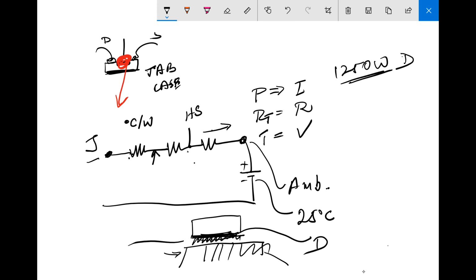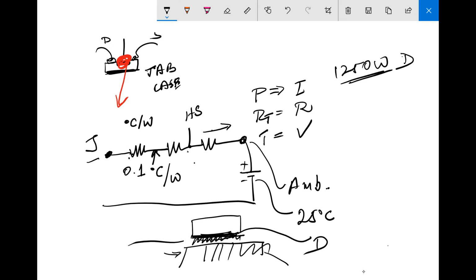Where is this number coming from? It turns out that from junction to case, this is 0.1 degree per watt.